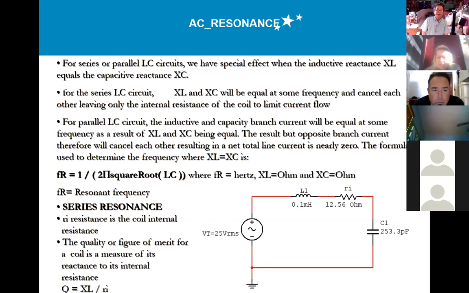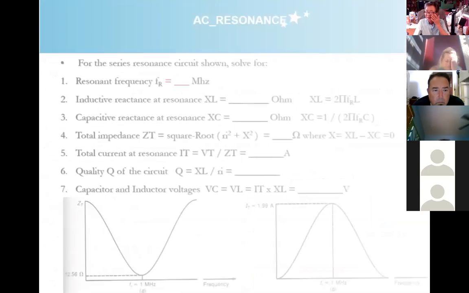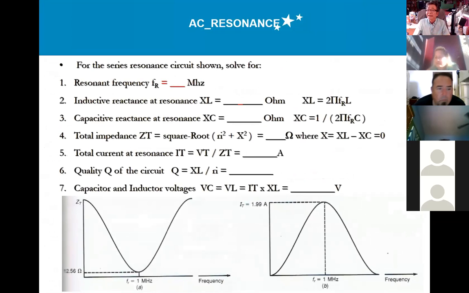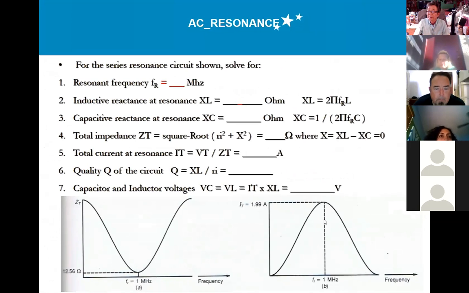Basically, that's just telling you how good the coil is. Now, for that circuitry, they want to calculate the resonance, XL at the resonance, XC at the resonance, the total impedance, and also the Q.